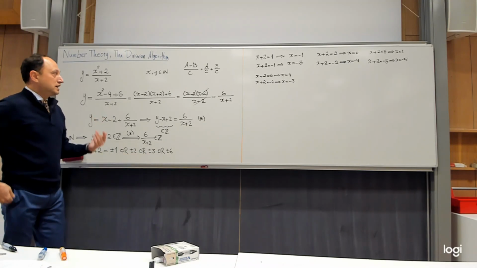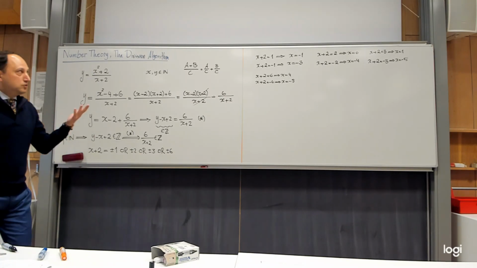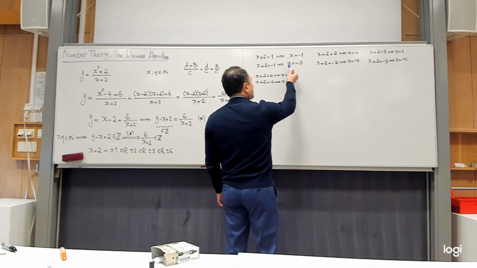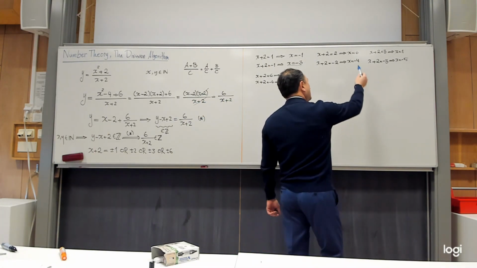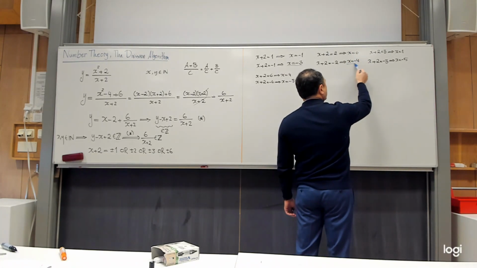I have reduced the infinitely many possibilities to just a few cases. But because in this problem I demand that x and y belong to N, even if they work, I don't accept the negative ones, so forget about them. If 0 is not a natural number, I can forget about it as well.